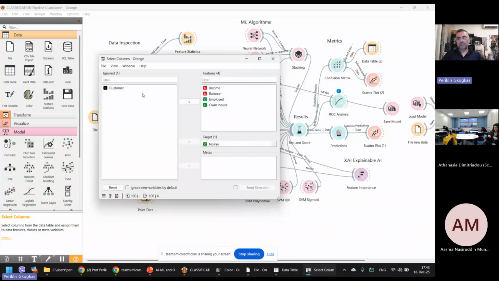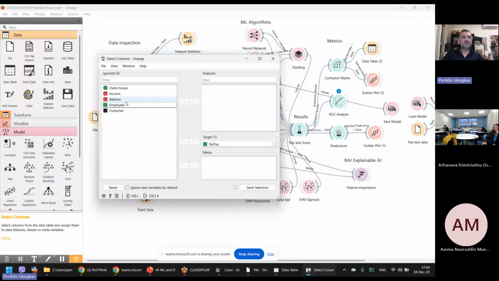In this case, they are correctly identified. Maybe I can take this customer and put it here as a meta variable. Or if you get a data set that looks like this, where nothing is selected by Orange, you can do it by hand. I know that no pay is my target variable. I highlight it and then either press this to go as a target, or I can click, drag and drop here.